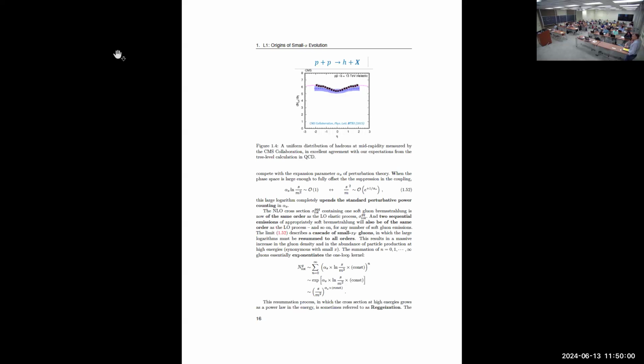Let me write it the other way: this was minus and this was plus. My P1 minus is much greater than my K1 minus. So the crucial question is, if I have a second one, when do I generate a second log? I get log 1 over x from this one, I get the alpha s, and then do I or don't I get another log 1 over x from this one?